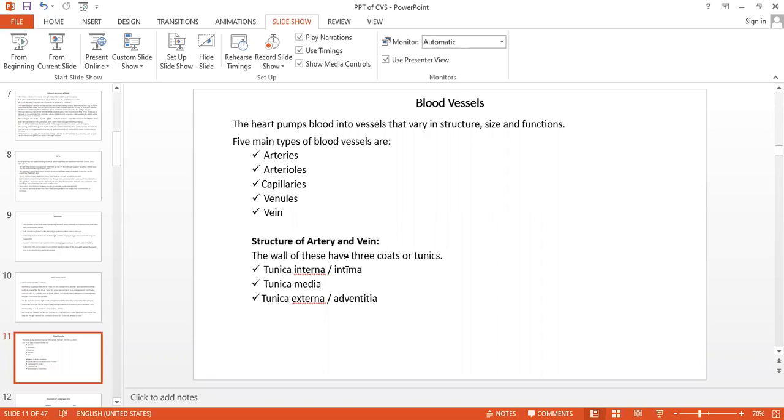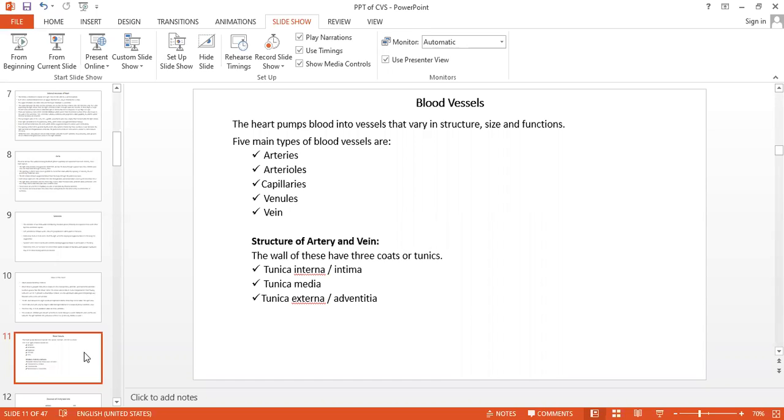The wall of these consists of three coats, or we call them tunics. That is the tunica intima or tunica interna. The middle one is the tunica media, and the outermost is the tunica adventitia or tunica externa.